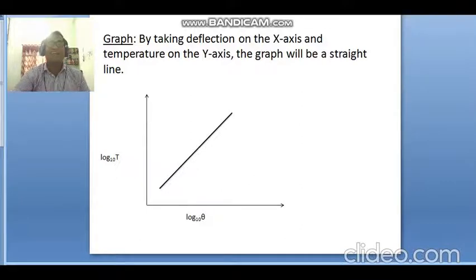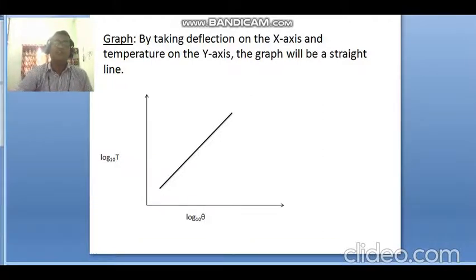Therefore, by taking deflection on the x-axis and temperature on the y-axis, if you plot a graph between these two physical quantities, the shape of the graph is a straight line which passes approximately through the origin.